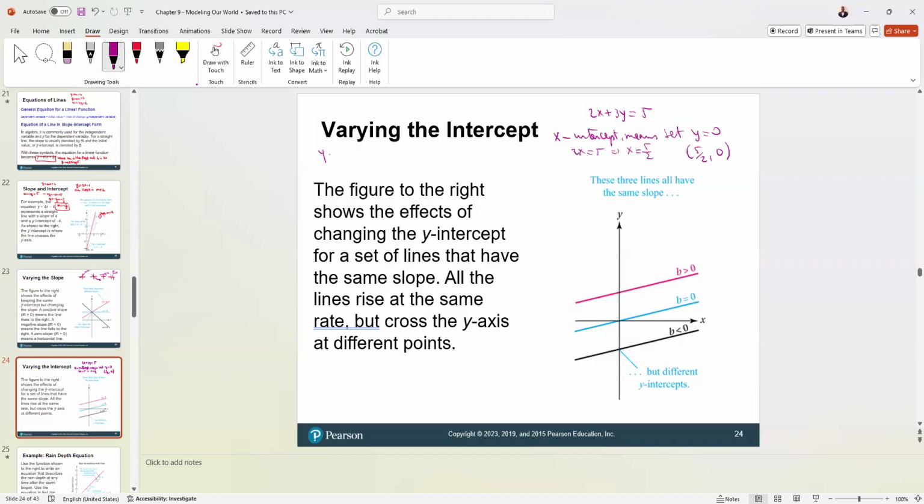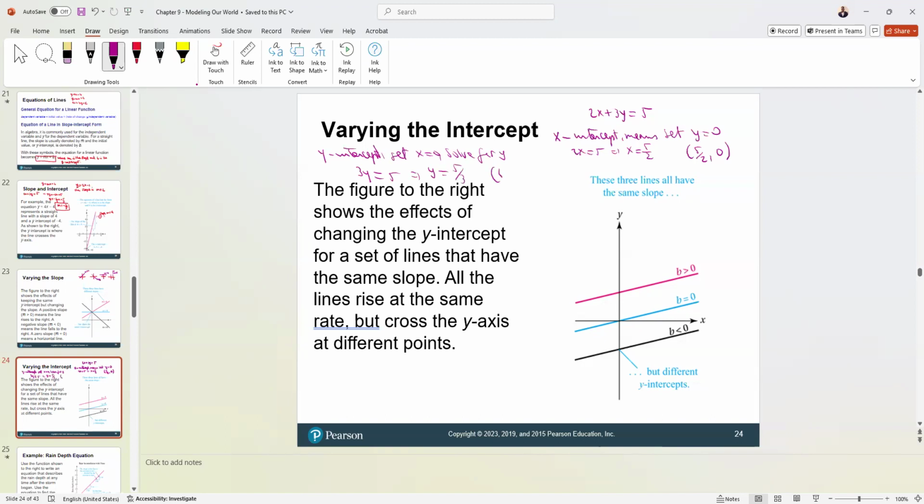For the y-intercept, set x equal to 0 and solve for y. So in a function like this, if x is 0, 2 times 0 is 0, so we're going to have 3y equals 5. If you divide both sides by 3, you're going to have y equals 5 over 3.